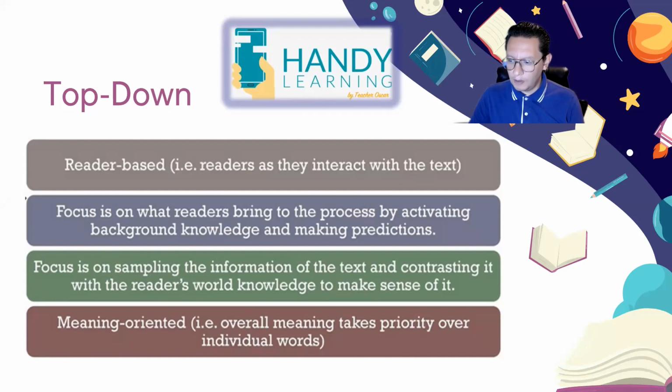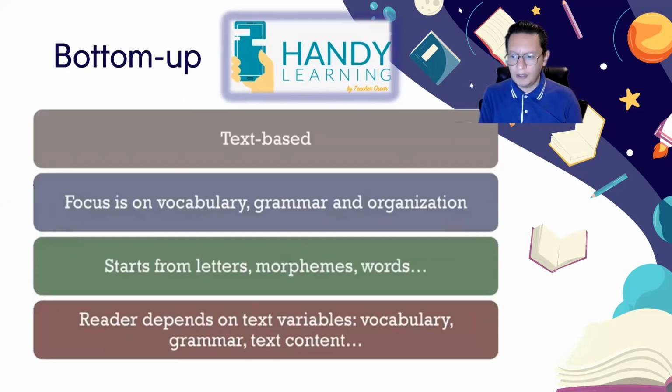But if we follow a bottom-up strategy, then we want our students to focus on form, meaning understanding the grammar, maybe highlighting tenses in the text, or adjectives, parts of speech, or finding conjunctions, or maybe having our students identify suffixes and prefixes.